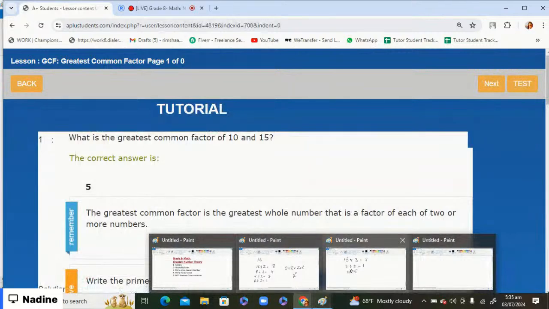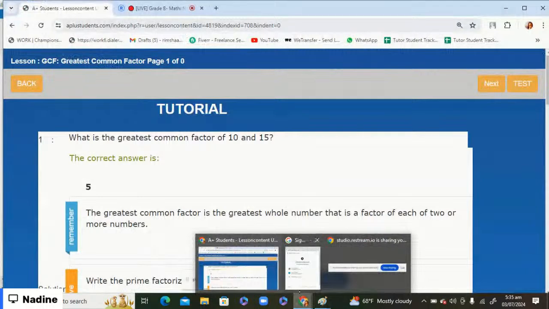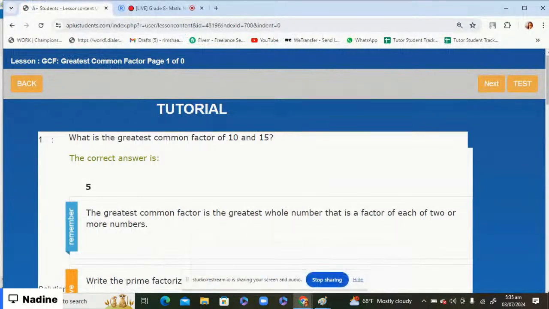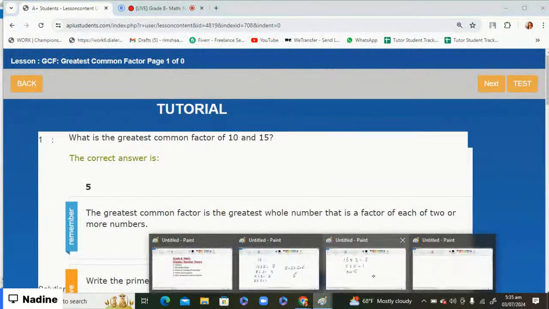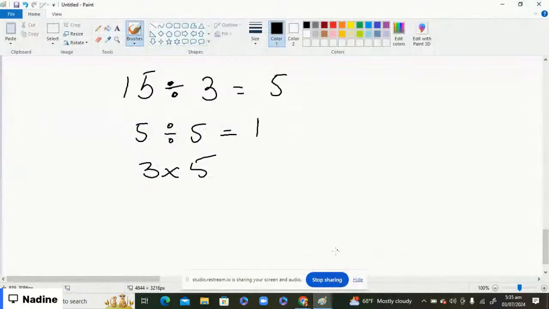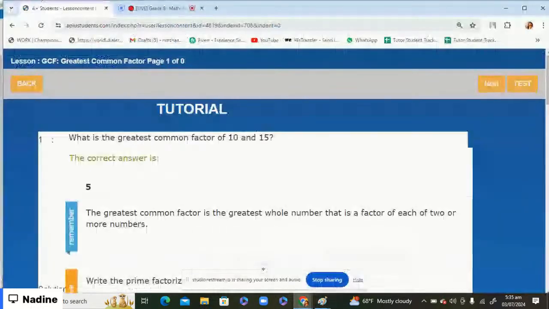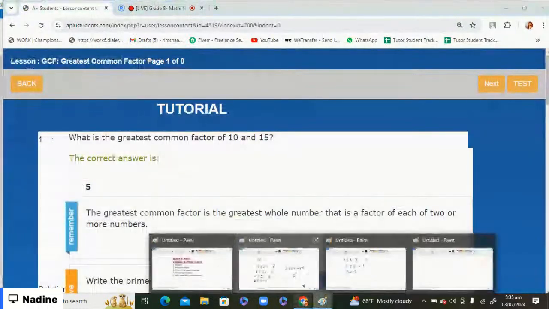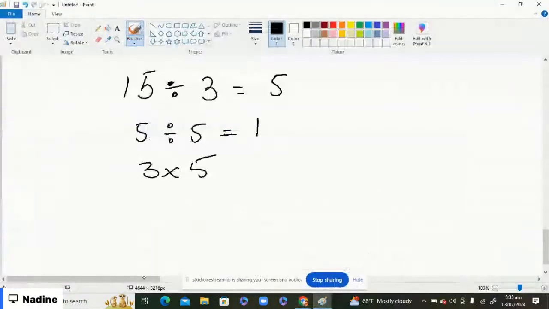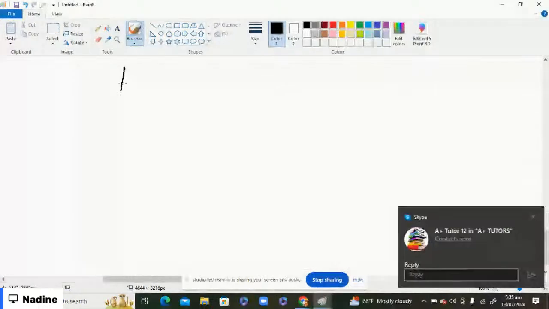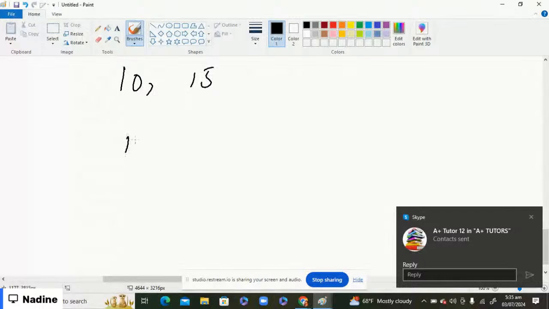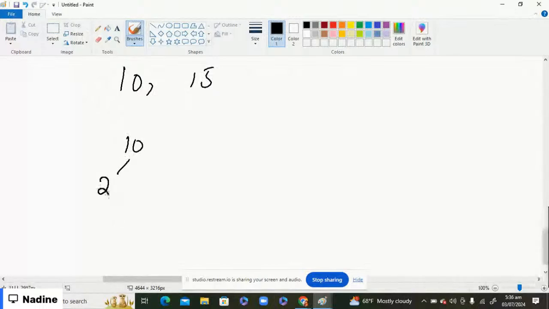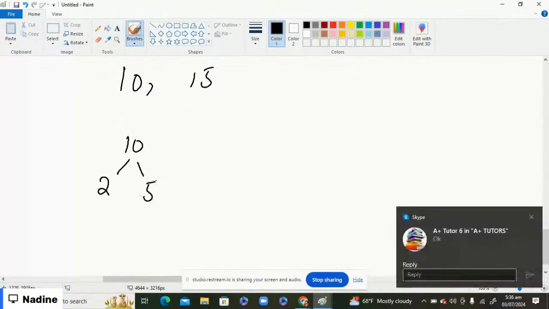All right. What is the greatest common factor of 10 and 15? Let's do it. Let's do it for 10. 2 times 5 is 10.